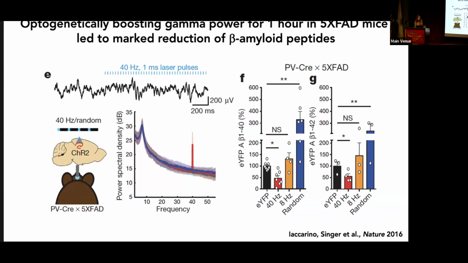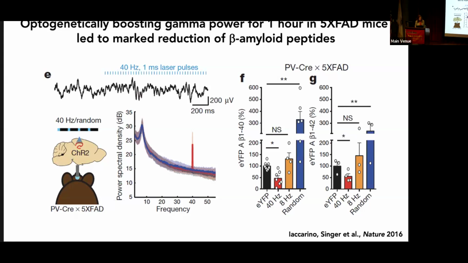Then they made a very surprising result: after 1 hour of activation, they found that amyloid beta peptides 1-40 and 1-42 show a profound reduction, just after 1 hour, by about 50% following 40 hertz stimulation. This was not observed with 8 hertz or random frequency stimulation.